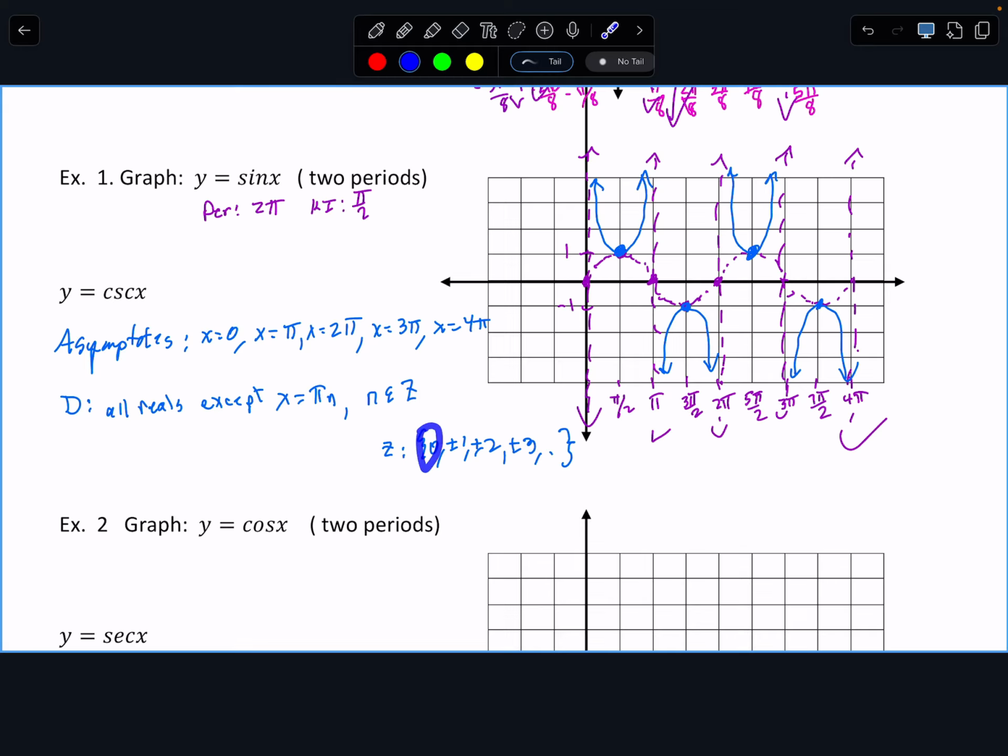And so what we do with the n, 0 times pi gives me 0, so I get x equals 0. When n is 1, I get the 1 pi. When n is 2, I get the 2 pi. And it would continue to the left with negative pi, negative 2 pi, negative 3 pi. And so this symbol right here means is an element of.